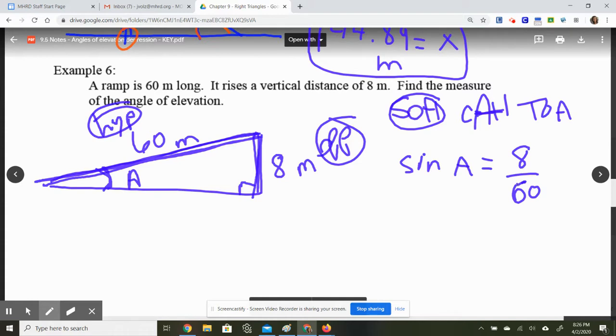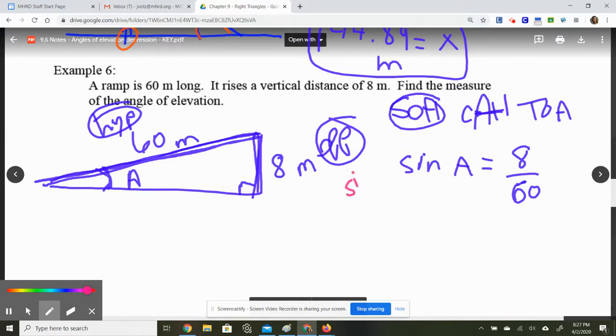This is one of those questions where the angle is what we're trying to find. It's the unknown. It is trapped inside the sine function. We've got to somehow unwrap it from being in the sine function. So what we need to do is the opposite of sine to get rid of the sine from around A. What's the opposite of sine?